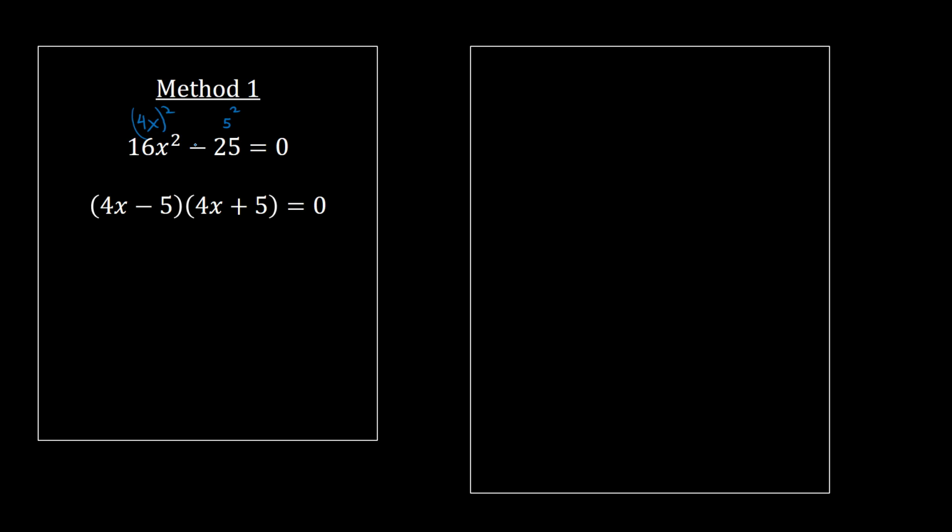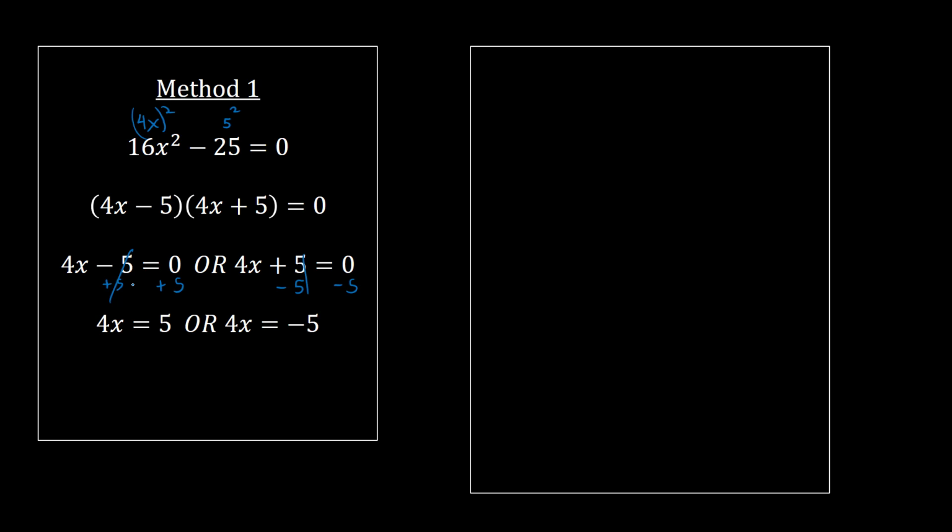From here I can set each part equal to 0, where either 4x minus 5 equals 0 or 4x plus 5 equals 0. Then I can solve for x by adding 5 to both sides for the first equation. For the second equation, I subtract 5 from both sides. When I do that, for the first equation I have 4x equals 5, and for the second equation I have 4x equals negative 5. I can solve for x by dividing both sides by 4, doing that for both equations. So now I have x equals 5/4 or negative 5/4.